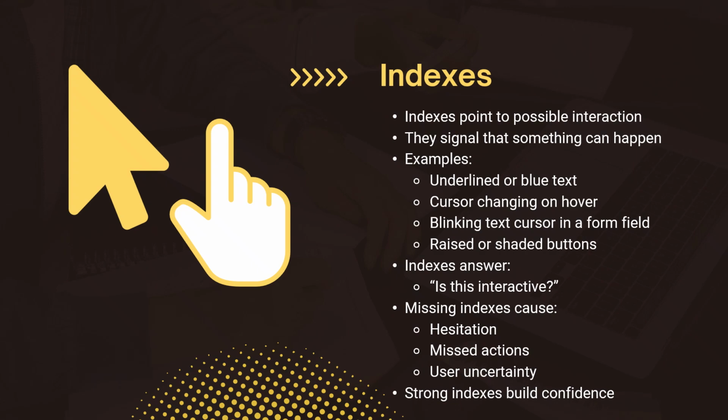Now, an index is a signifier that points to meaning through evidence or cause and effect. Indexes don't show you what will happen, they hint that something can happen. Examples of this would be text that has an underline or is blue, indicating that it's a link, a cursor changing to a hand when it hovers, a field with a blinking cursor suggesting that you can type, or a button that appears raised or shaded.